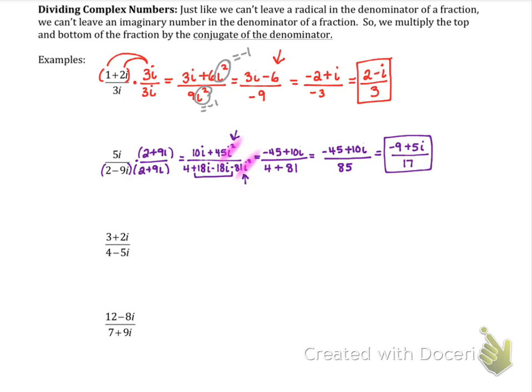Two more. So I'm going to multiply this one by the conjugate of the denominator, 4 plus 5i. All right, so I get 12 plus 15i plus 8i plus 10i squared all over 16.